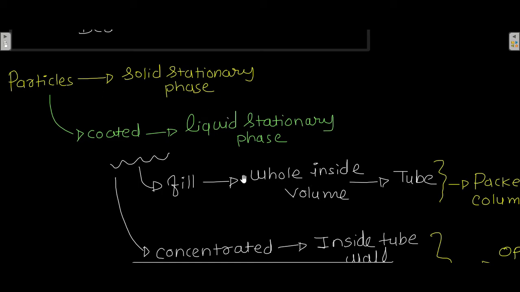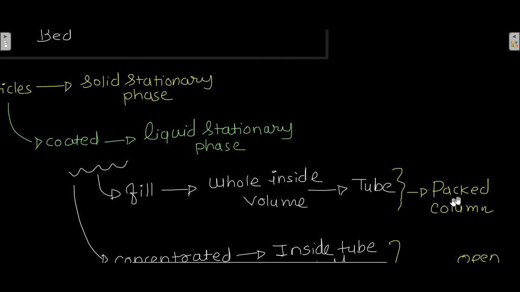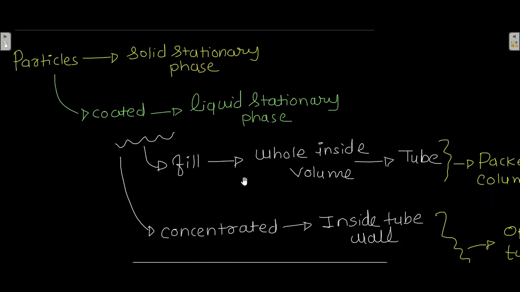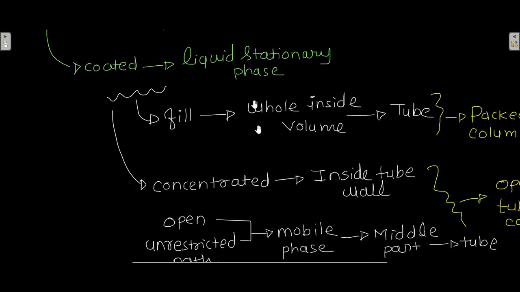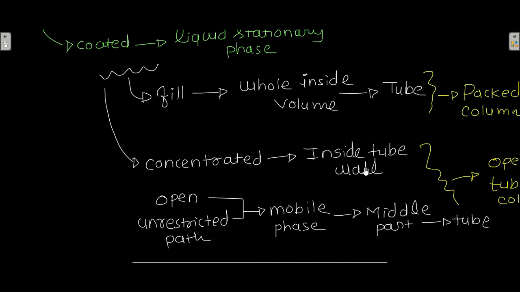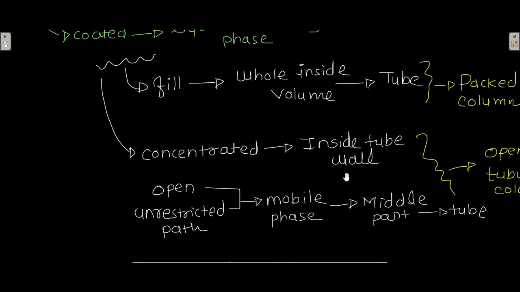This fills the whole inside volume of the tube, and that is called a packed column. Or these coated particles can be concentrated at the inside tube wall so that there is an open and unrestricted path for the mobile phase at the middle part of the tube.